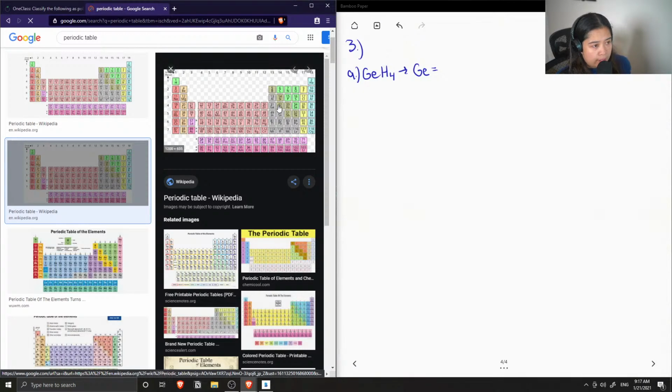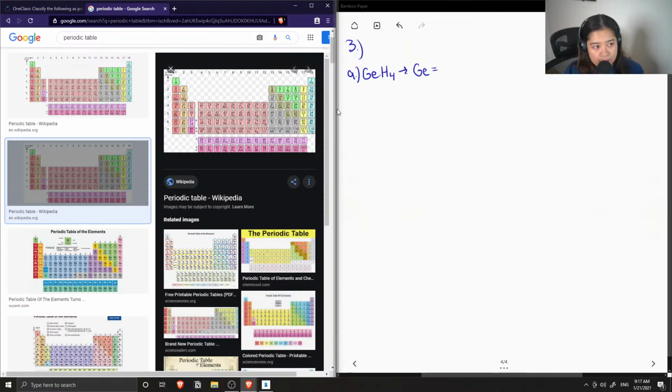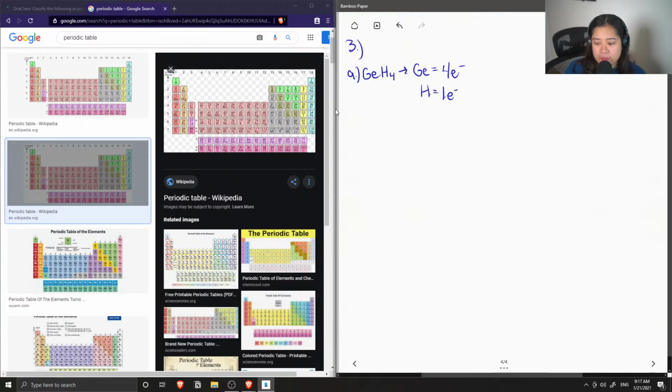It is found right here, atomic number 32, in group 14, so it has 4 valence electrons. And for hydrogen, hydrogen has 1 valence electron, and we have 4 hydrogens, so we just multiply this by 4. And we should just get a total of 8.